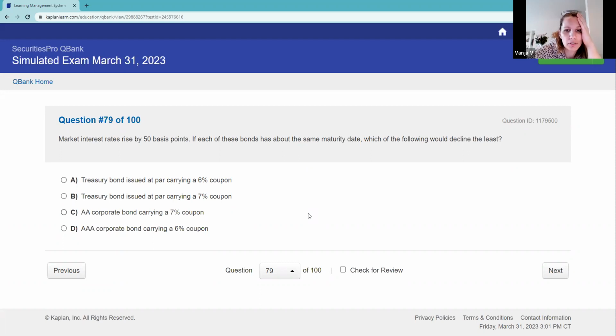So if each of these bonds have about the same maturity date, okay, treasury bond issued at par carrying 6%, treasury bond issued at par carrying 7%, corporate bond carrying 7%, and corporate bond carrying 6%. Decline the least. So same maturity date, so low, but it has to be the opposite.